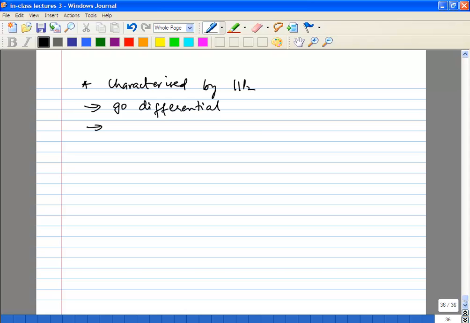Of course, the obvious problem with going differential is power consumption. And even if you go differential, finally your IIP2 is going to be limited by your matching between the differential paths.